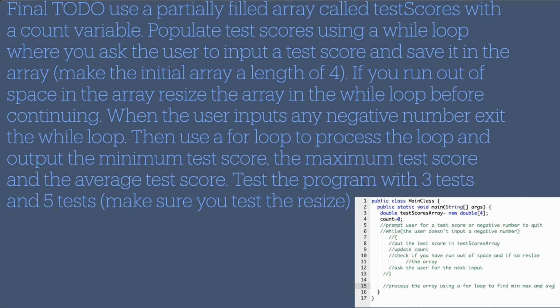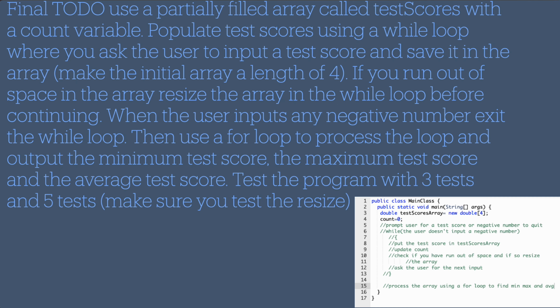And you're going to add that to this array test scores, keeping in mind that if they added more than 4 test scores, then our count's going to equal 4, and we have to resize this thing. So it says, if you run out of space in the array, resize the array in the while loop before continuing.